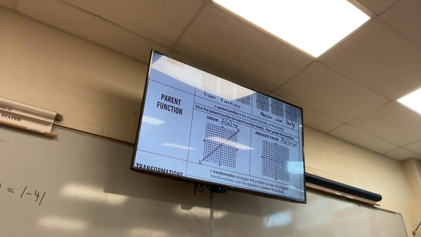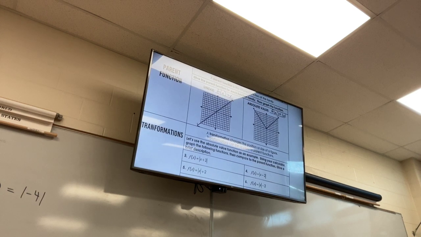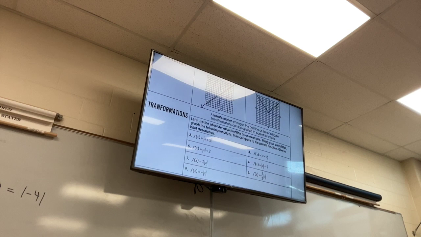That's just going to look like a little V. Following this so far? These are the most basic linear functions and the most basic absolute value functions.